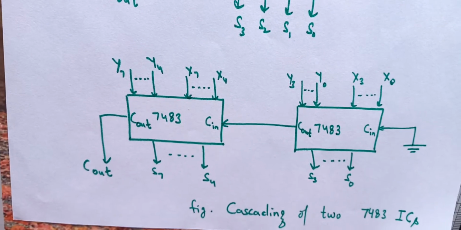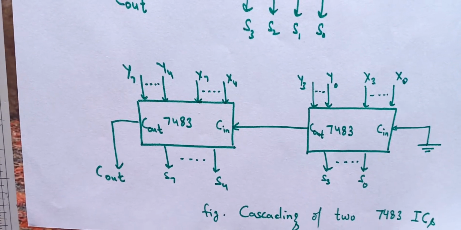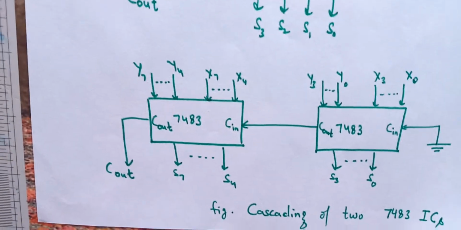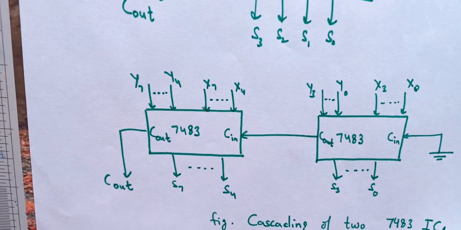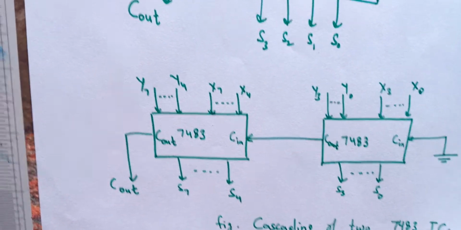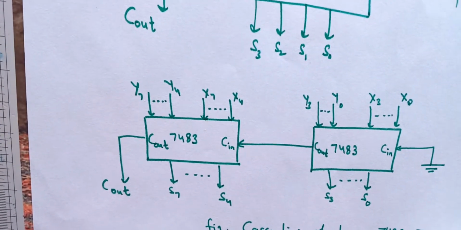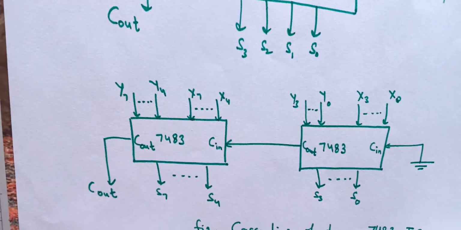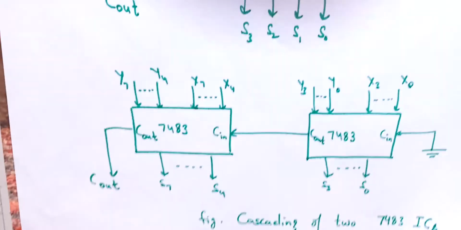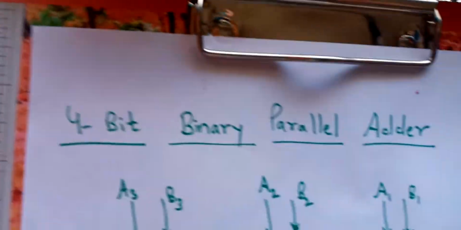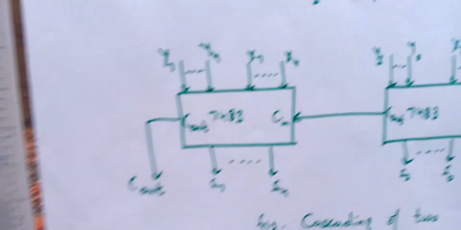Carry out, which is generated from the 7483 IC on the right hand side, least significant place, is provided to another IC in cascade, which is also 7483, and here the bits from X4 to X7 and Y4 to Y7 are added. It means we have two 8-bit numbers, and these are being added with the help of two 7483 ICs. So this 4-bit binary parallel adder can also help in addition of 8-bit numbers.